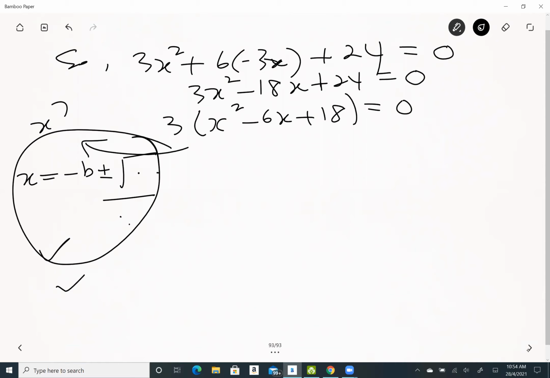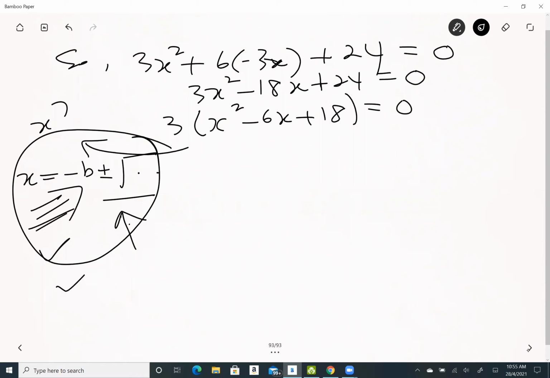If you know the shortcut method, you can do that. But don't use calculator. Using a calculator is easy, but you don't know what you are doing, so it will not be accepted. If you just give me your answer using a calculator, how did you get it? You need to know how we got it. So make sure you know that formula.